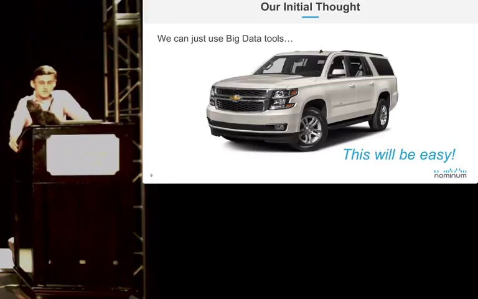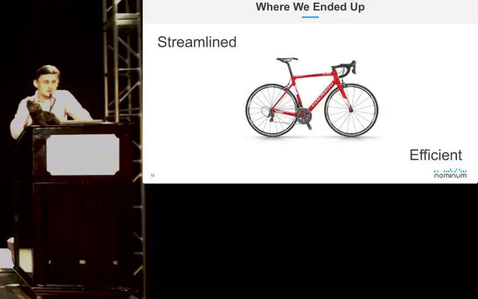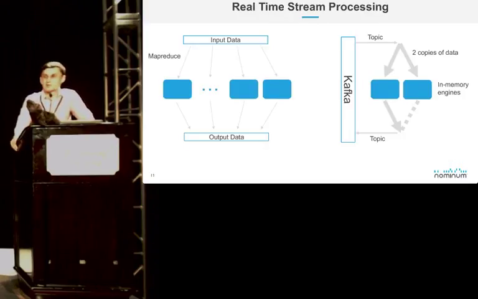After some experimentation, we did change to something more efficient, what we call a bicycle, but it's not really a bicycle. We feed on Kafka, process the data in memory, and feed it back to Kafka as a stream of new core domains.